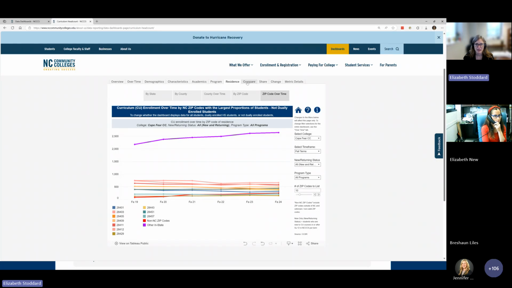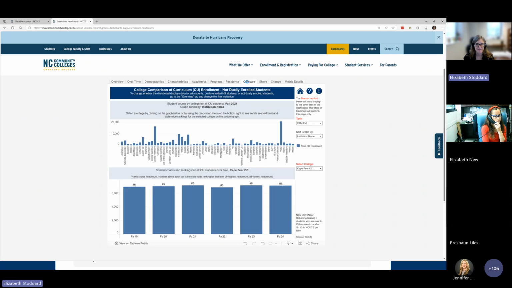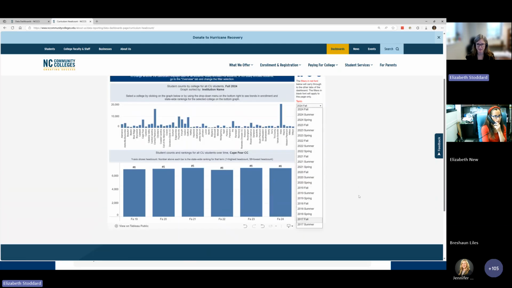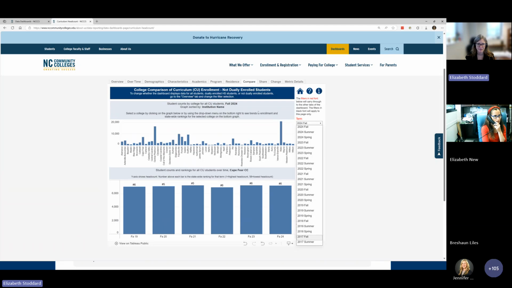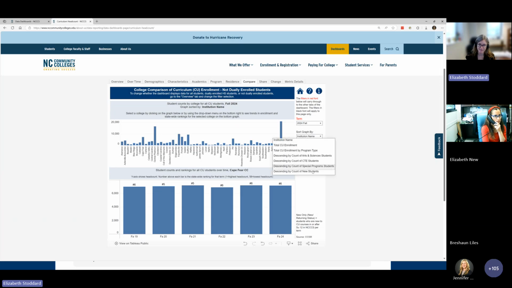The next tab of the dashboard is this compare tab. This one is going to give you a statewide look. On the top, looking at one semester, I have fall 24 selected, but you can go back to any semester going back to 2017, showing you the enrollment at each college, and you can sort the graph in different ways.